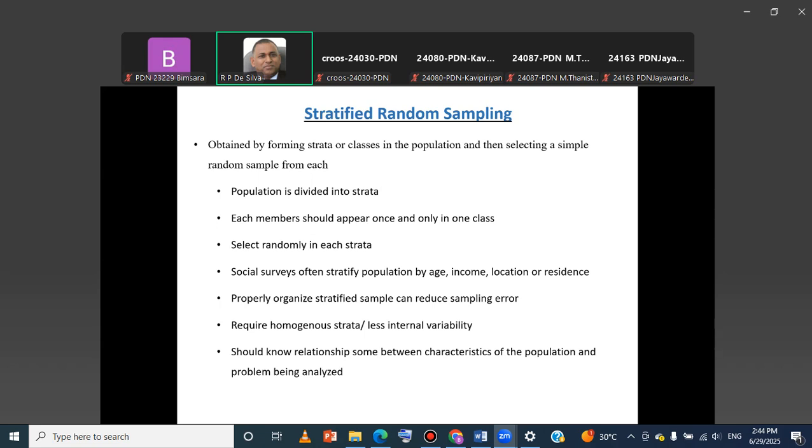So give what you're going to estimate and then give what is your stratification strata levels, right? Send me a message. I want everybody to think and give me an example. For example, I want to do a forest inventory. What is my stratification? I want to have my stratification based on wet zone, dry zone, intermediate zone, likewise, right? So each one of you, I'll give you 3 to 4 minutes, think of an example and send it.